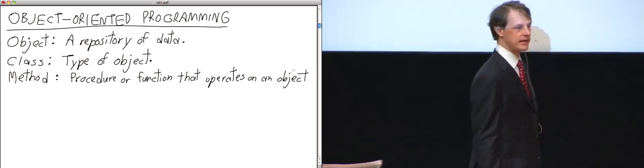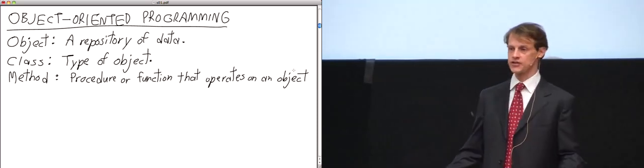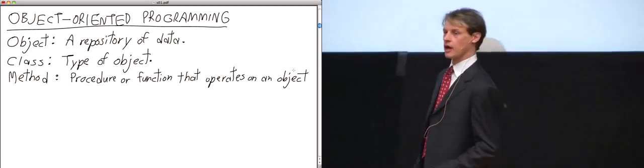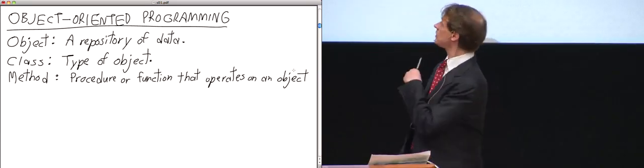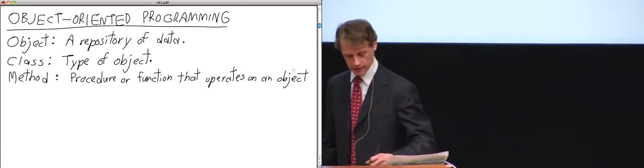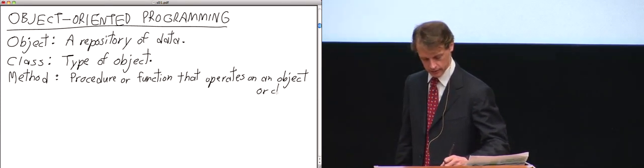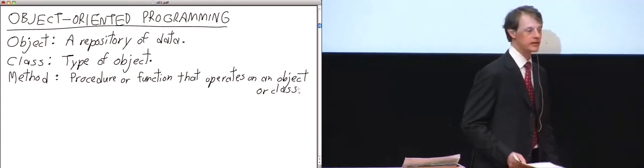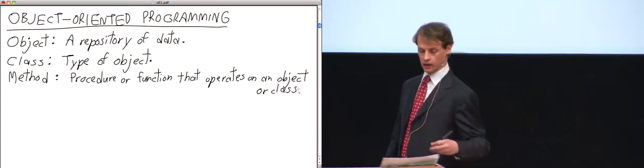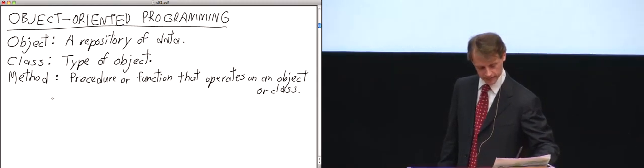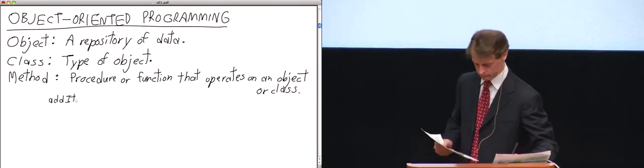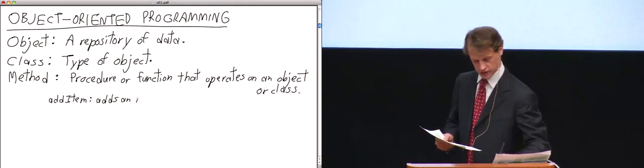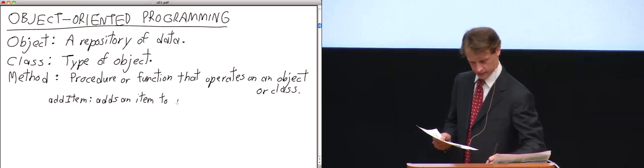And maybe the one thing that separates a method from a procedure or function in other kinds of languages that aren't object-oriented is that a method pretty much always acts upon something, usually an object, though occasionally on a class. So an example is you might write code that defines a method called addItem. And the purpose of addItem is that it adds an item to any shopping list object.